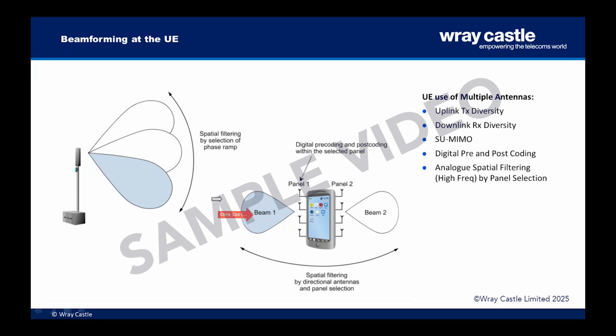This does, however, make the process of analog beam selection somewhat more complicated, because the base station and the mobile have to together hit upon the best pair of beams to use.